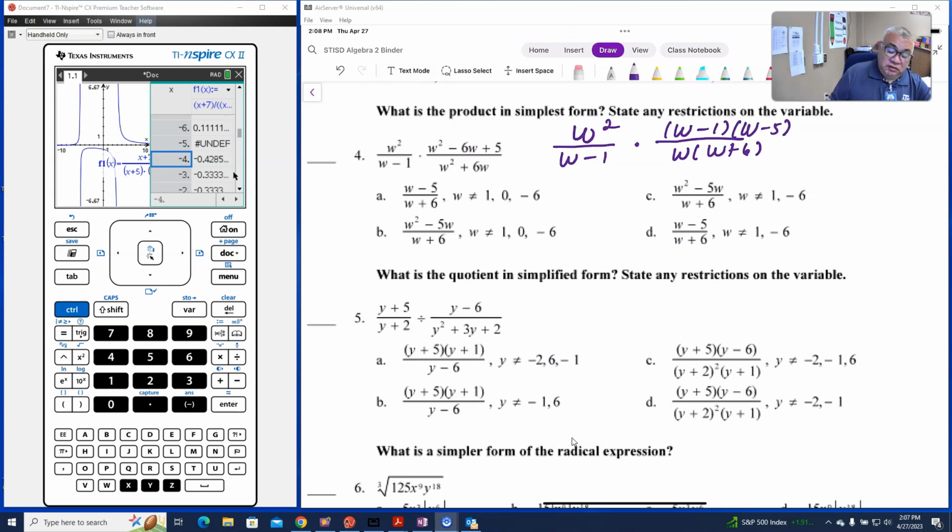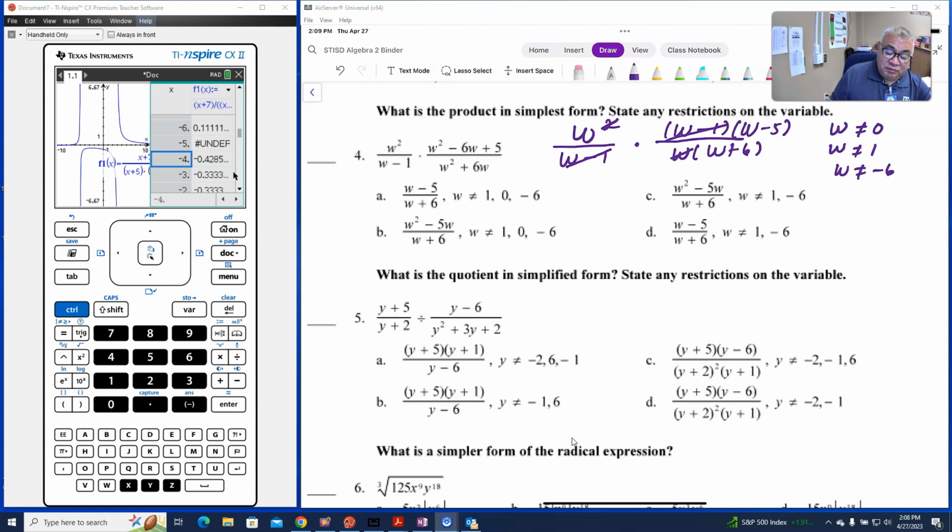So you notice that w minus 1 and w minus 1 is going to become 1. And you know that w and w squared, we're going to be left with a w up there. So our restrictions, w cannot equal 0, w cannot equal 1, and w cannot equal negative 6.